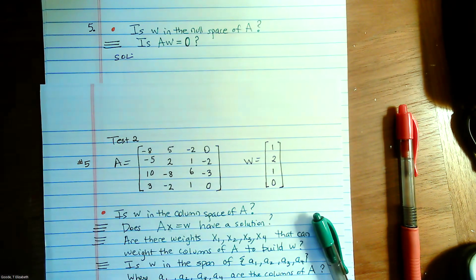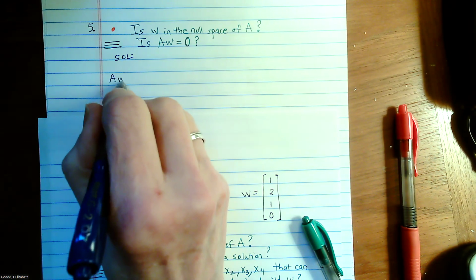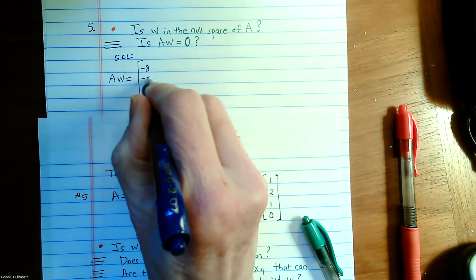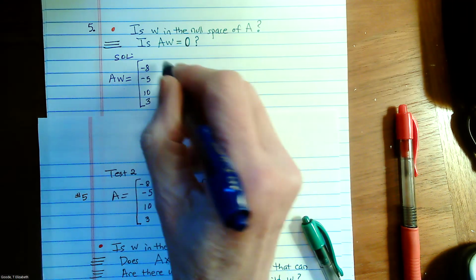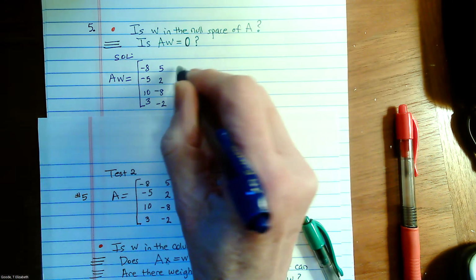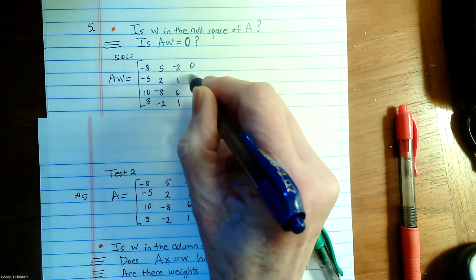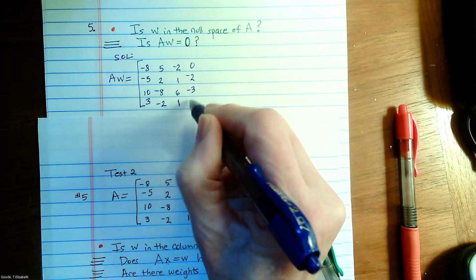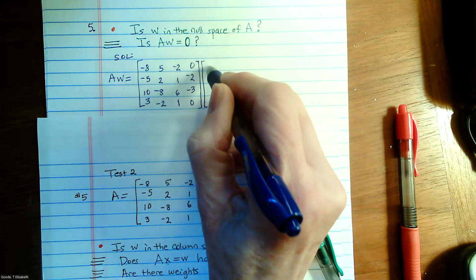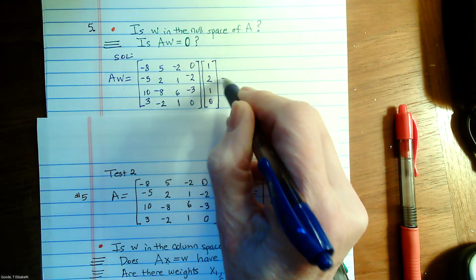So we just have to multiply A times W. We have to multiply this out and see.